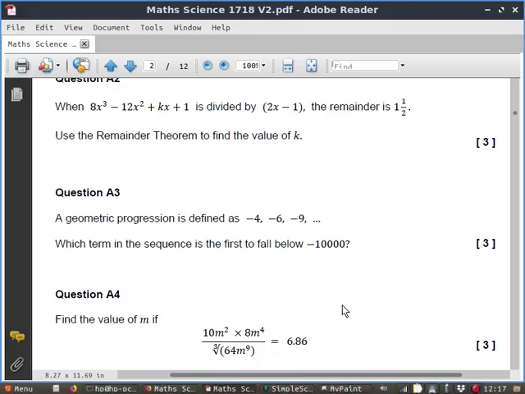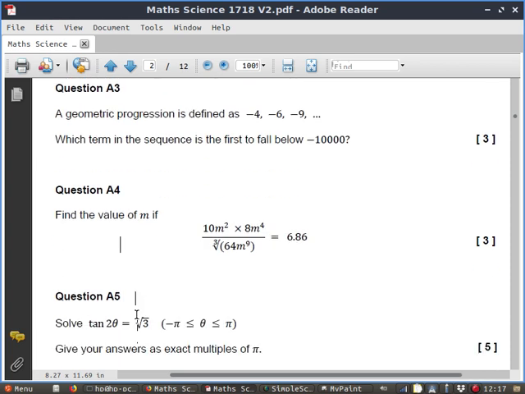So, here's another chance for you to screw up, because this one requires your rules of powers. Now, I know this isn't super clear, but you see this cube root here? That's being applied to the whole denominator, not just 64.